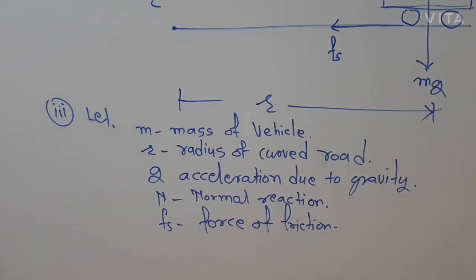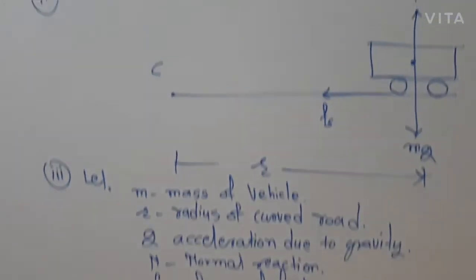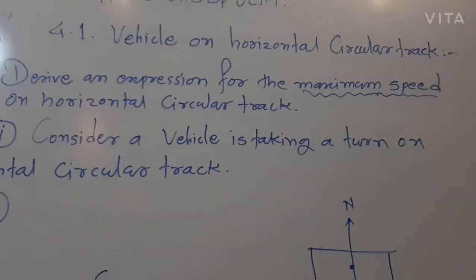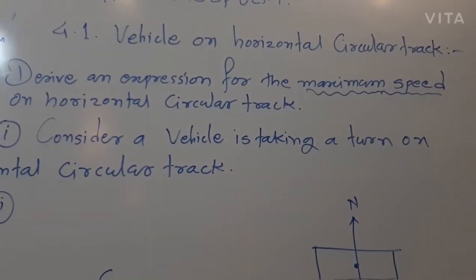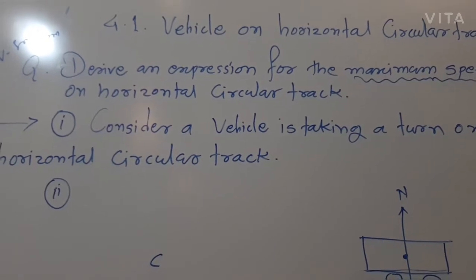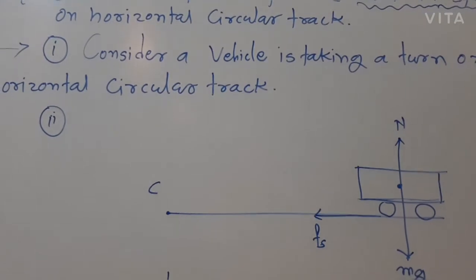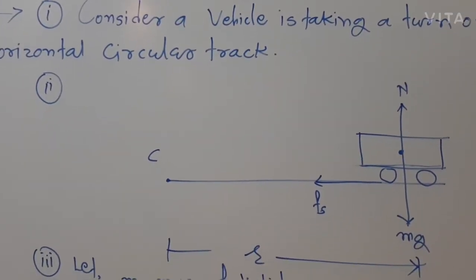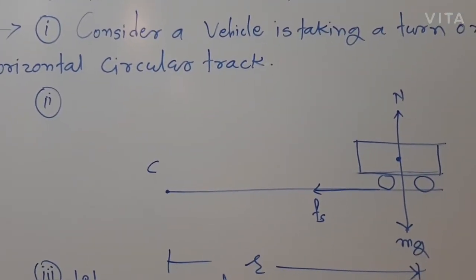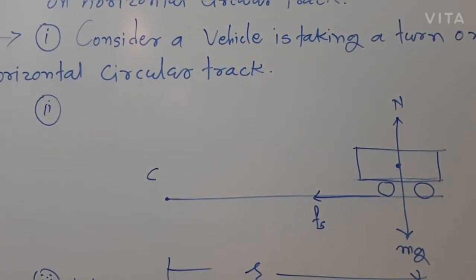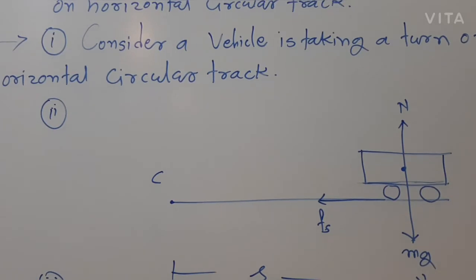So in the first application, vehicle on the horizontal circular track, our question is to derive an expression for the maximum speed on the horizontal circular track, and the answer is expressed in 4 points. The derivation part in the subject physics is about 80%, and therefore I would like to express every derivation in these 4 points.